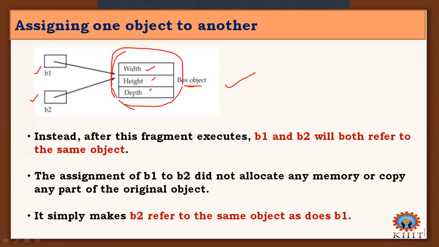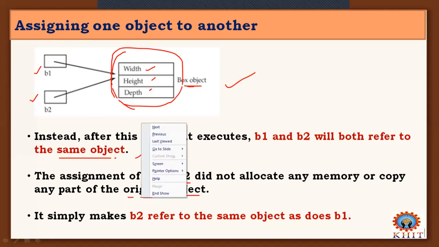After this fragment executes, B1 and B2 will both refer to the same object. The assignment of B1 to B2 did not allocate any memory or copy any part of the original object. So it doesn't create any additional memory for B2.